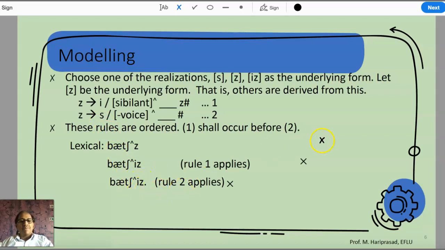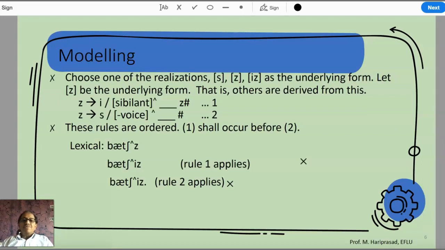So the first rule is blocking the second rule. It's bleeding. In some cases the first rule makes the second rule apply, that is, the output of the first rule is used as input for the second rule.